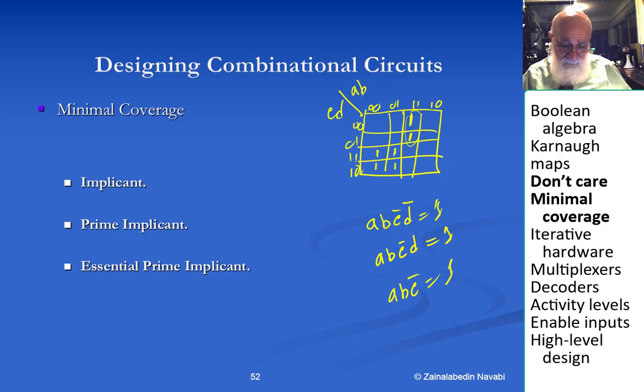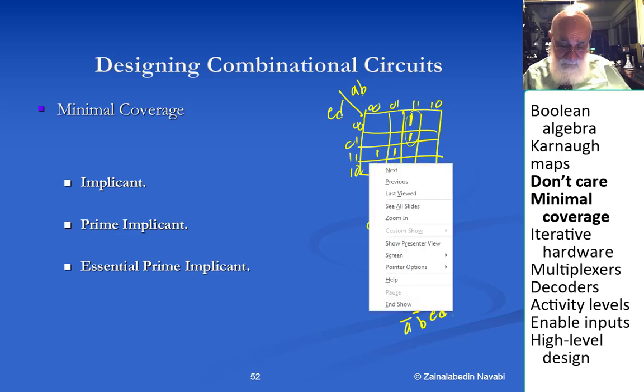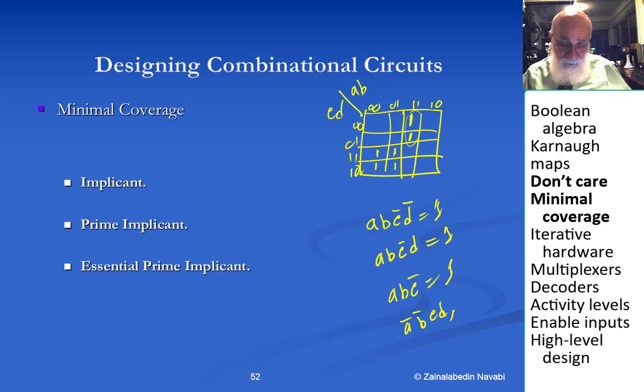Let's write down A bar, B bar, C, D. Okay, that's an implicant. A bar, B, C, D, that's an implicant. A bar, B bar, C, D bar, that's an implicant. A bar, B, C, D bar, that's an implicant.